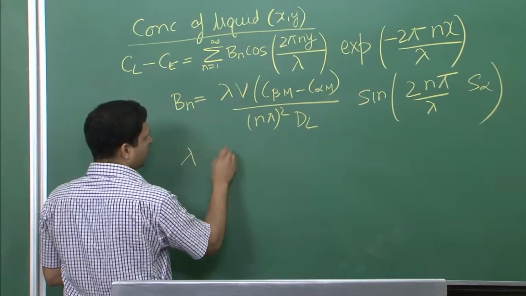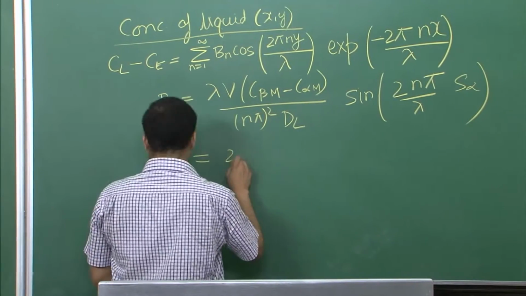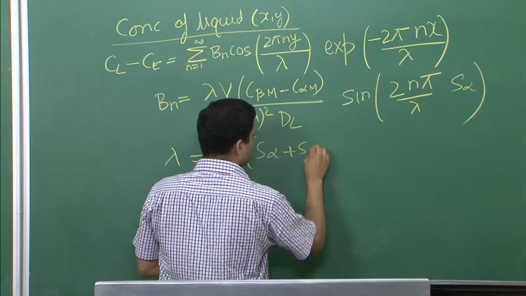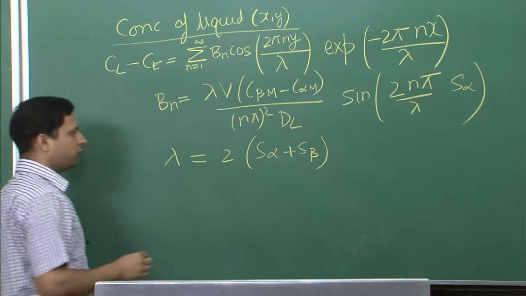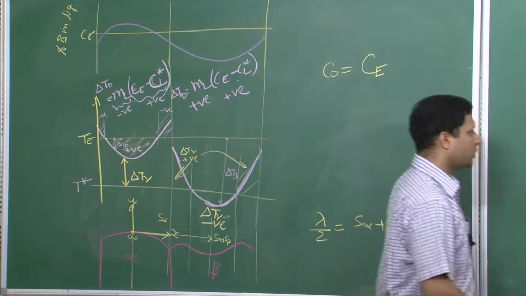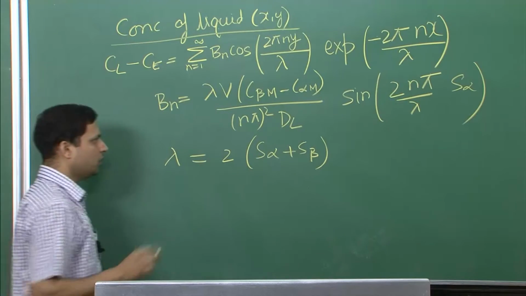And like we said, lambda is nothing but the wavelength, which is equal to 2 times S alpha plus S beta. S alpha is the half width of the alpha phase lamella, and S beta is the half width of the beta lamella. So S alpha plus S beta times 2 is the total wavelength.